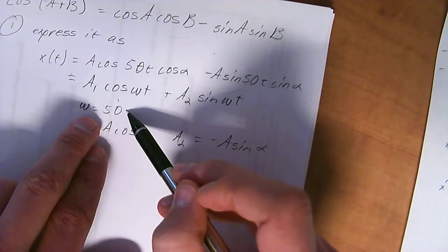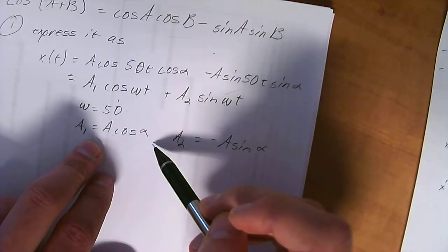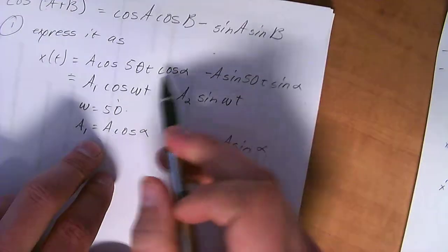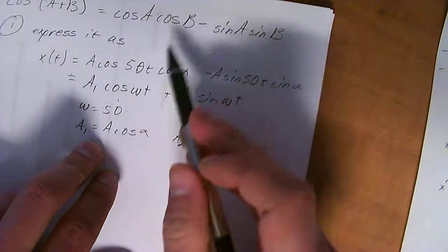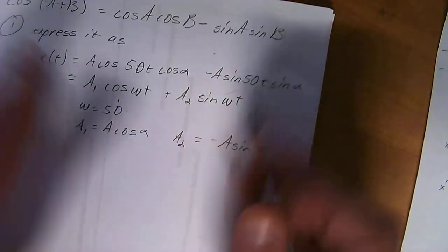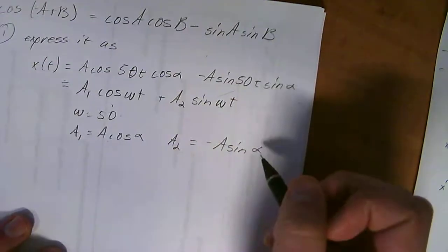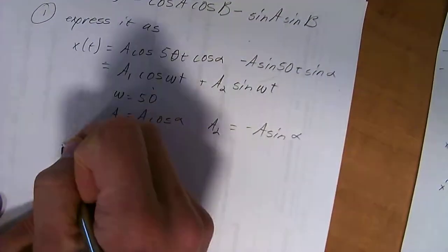So then omega is equal to 50, and a1 is equal to a cosine alpha, and so on and so forth. So I hope I didn't skip too many steps right here, but you basically just factor out this cosine, factor out this sine, and you have the final stuff that you want right here. Just about like that. Okay, so now going from here, it's pretty easy to go to x of t.